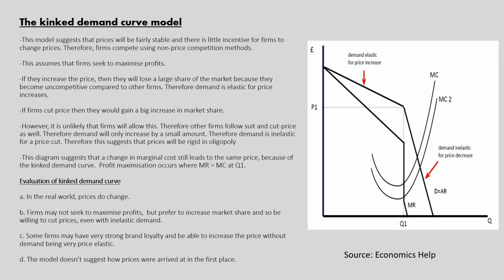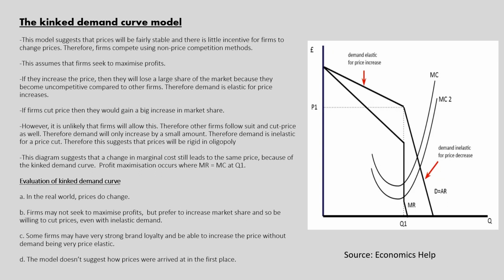That's one of the criticisms of the kinked demand curve, that customers, even when some companies decide to cut their prices and make the cheapest smartphone ever, Apple doesn't. It stays expensive, and it uses non-price competition to make people buy things. So that's the brand loyalty argument, I guess.